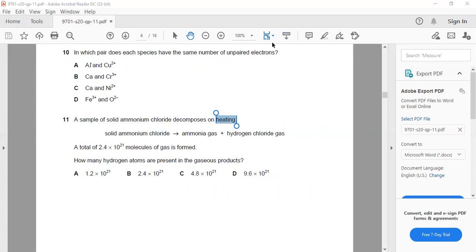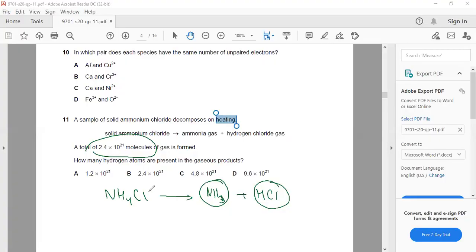Solid ammonium chloride decomposes into ammonia and hydrogen chloride. A total of this many molecules of gas form.